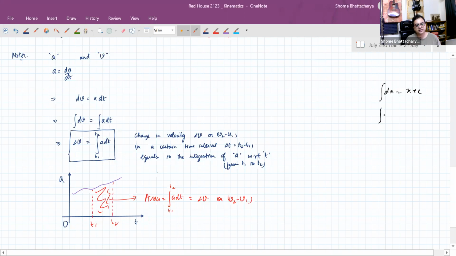So like that, definite integration of dx from x1 to x2 would be equal to x2 minus x1. Okay. That is basically a change in x, delta x. So like that, definite integration of dv from initial velocity to final velocity would be v2 minus v1, which is your delta v. Got it now? Yes, sir.